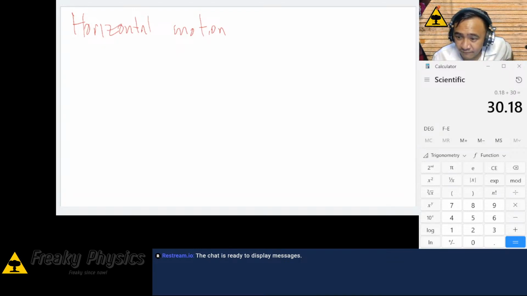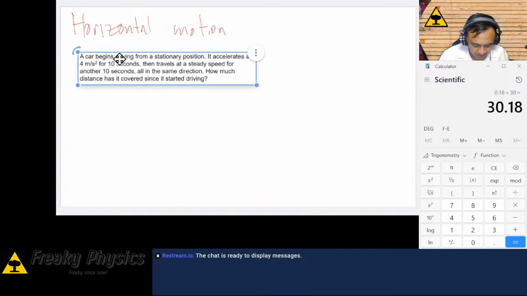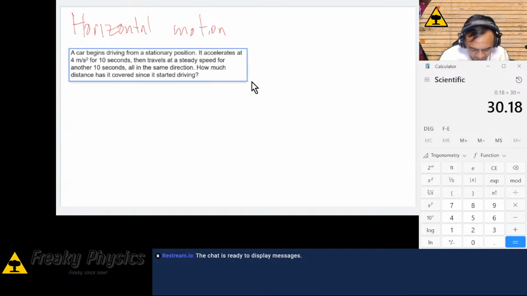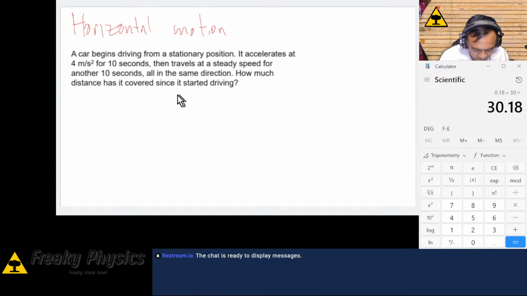For our reference, I'm looking at the University of British Columbia files here. So here is the first problem. This is all horizontal motion for now. You have a car beginning from a stationary position and it accelerates at 4 meters per second squared for 10 seconds, then travels at a steady speed for another 10, all in the same direction. So in these 20 seconds, how much distance has it covered?